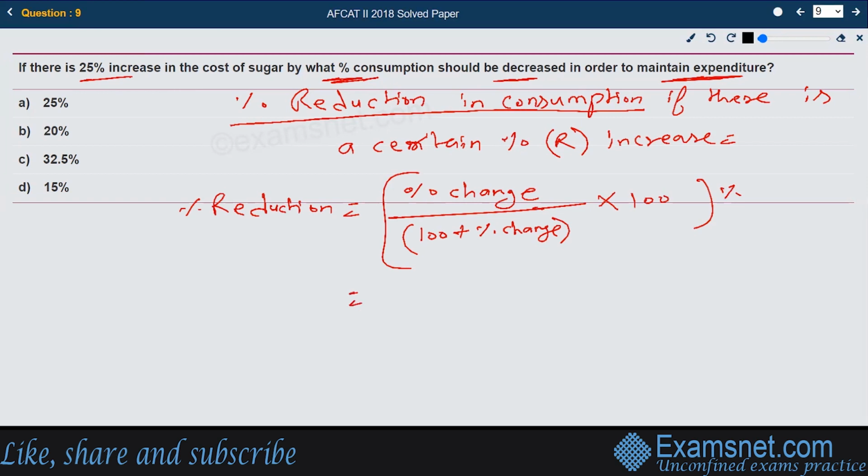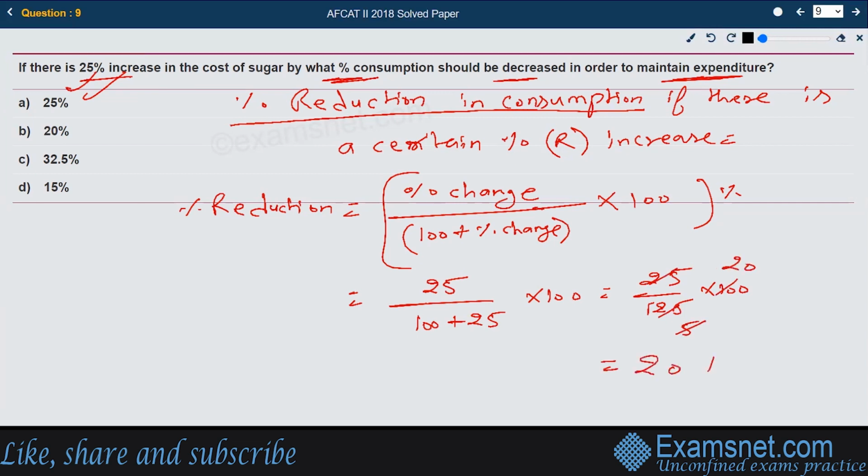He's saying there's a 25% increase, so it is 25 divided by 100 plus 25, into 100. If we solve this, it comes out to be 25 by 125 into 100. 25 times 5 is 125 and 5 times 20 is going to be 100. So the answer simply becomes 20%.